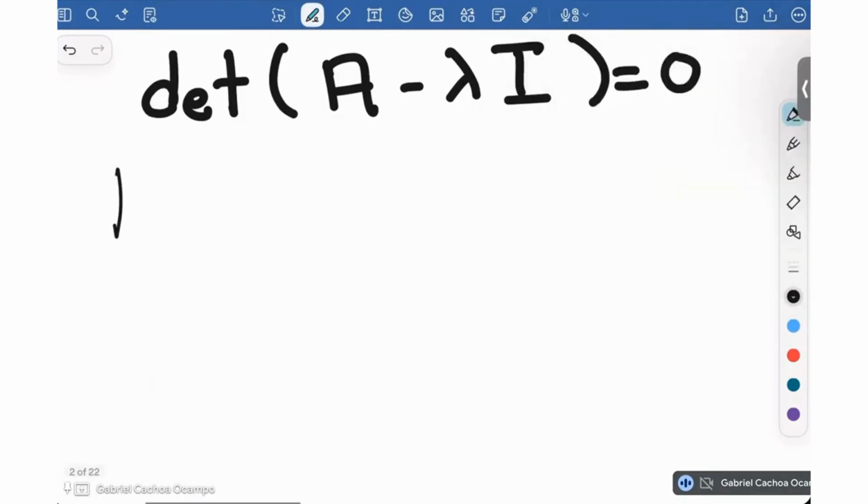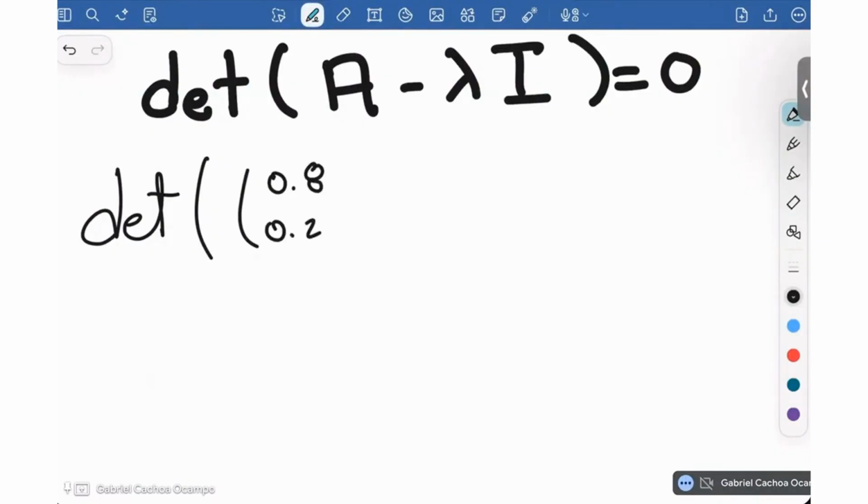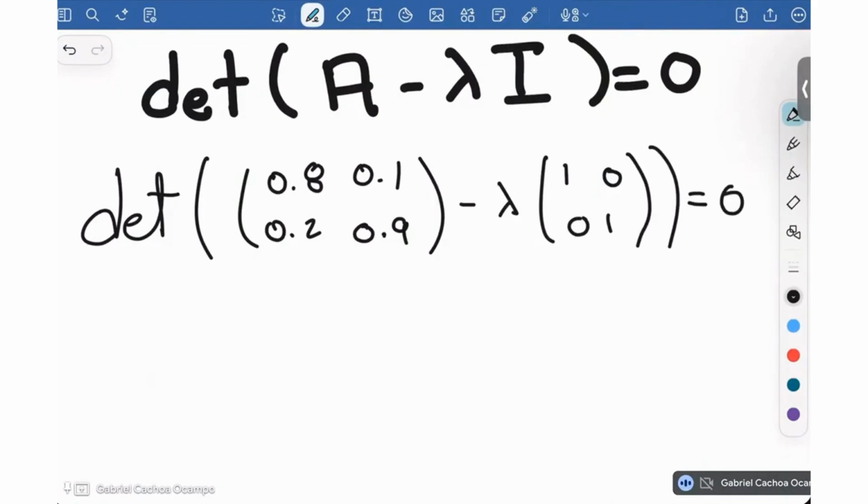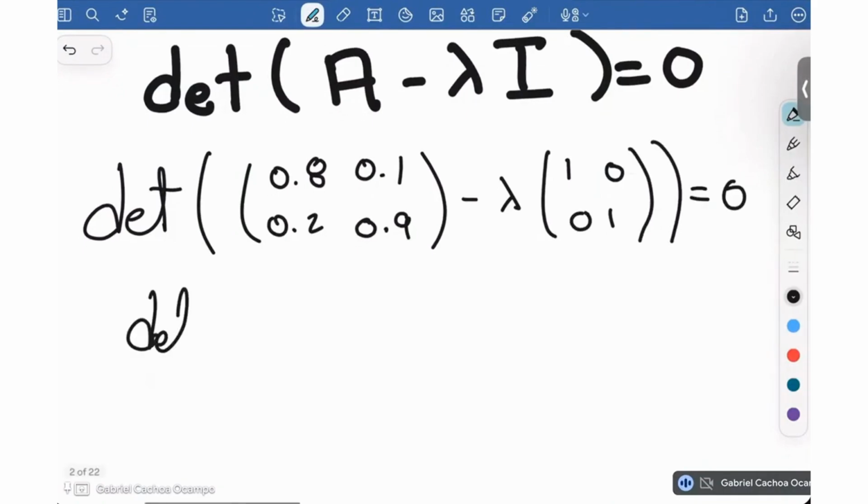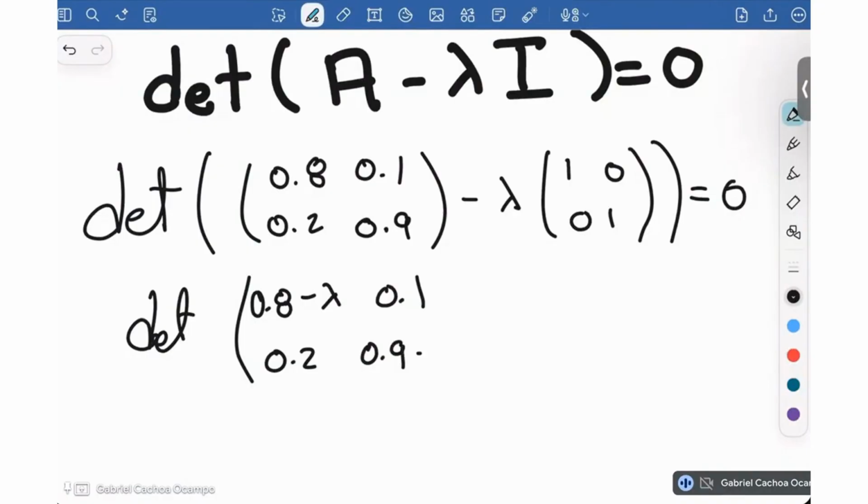In this case, it is the determinant of A, 0.8, 0.2, 0.1, 0.9, minus lambda times 1, 0, 0, 1, equal to 0. So that is the determinant of 0.8 minus lambda, 0.1, 0.2, 0.9 minus lambda equal to 0.